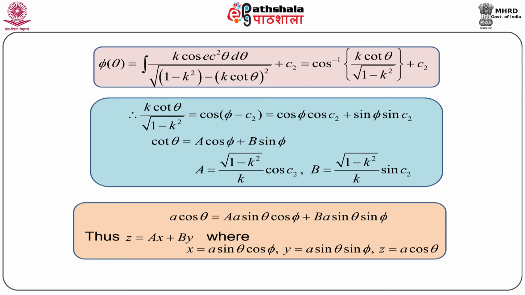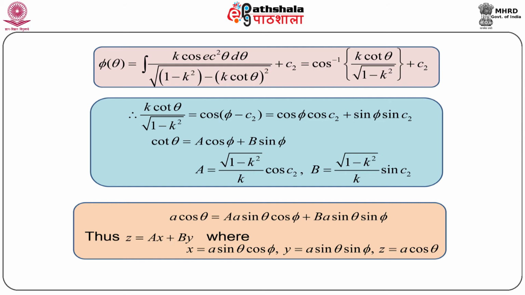Rewriting this, we get cos of phi minus C2 equal to cos phi into cos C2 plus sin phi into sin C2. So, we have cot theta equal to, if we multiply this, we get cot theta equal to root over 1 minus k square divided by k into cos of phi minus C2, which has been written in this way.